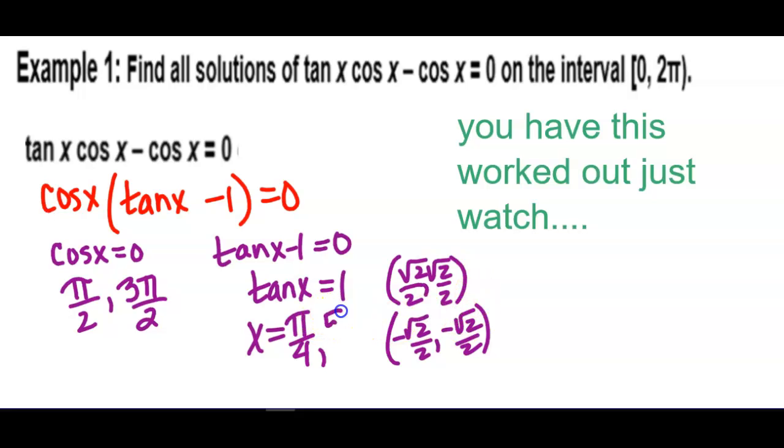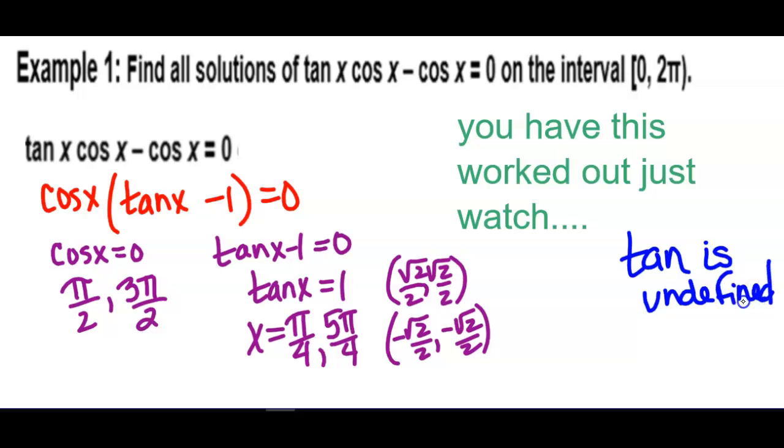Now, this is a particularly nasty, tricky question because something doesn't check, okay? It's one of the only times you have to worry about this, when you have a tangent in the question. It is the only function that can be undefined on the unit circle. Okay, cotangent as well, but we don't have many of those on these kinds of problems.